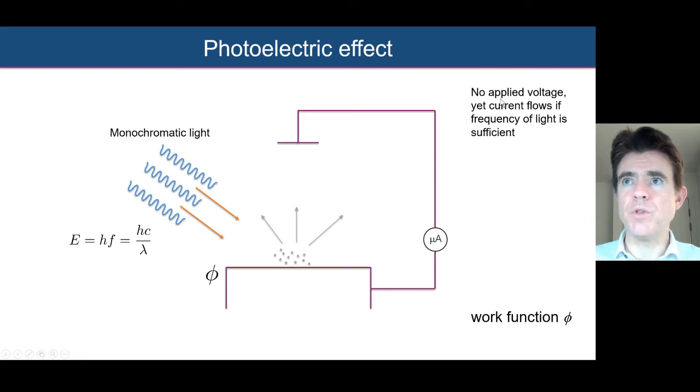Okay, so at the moment then we've got no applied voltage, and yet what we're getting is, if this is sufficiently high frequency, we're getting electrons being liberated, and some will make it across to the collector and we'll actually be able to record a current even though we haven't applied a voltage. So we're going to say that these electrons have a certain kinetic energy, half mv squared.